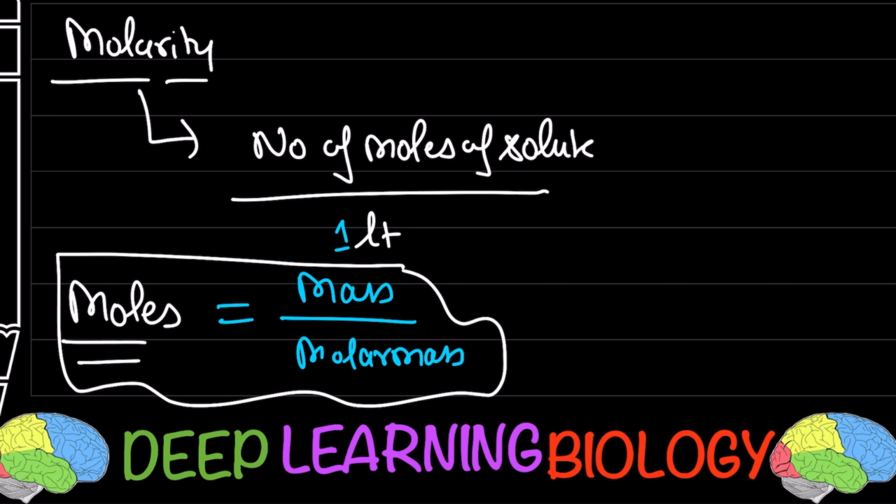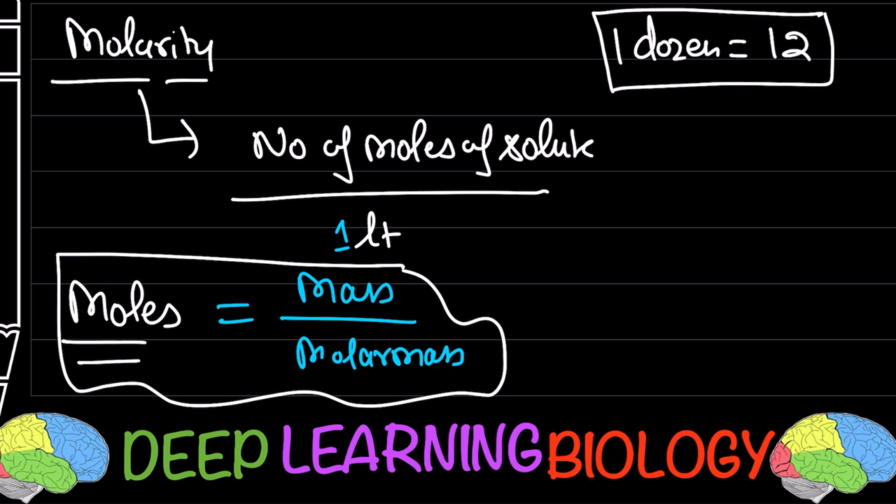Hopefully you remember, 1 dozen has 12 items. If you want to purchase 1 dozen bananas, it is going to have 12.